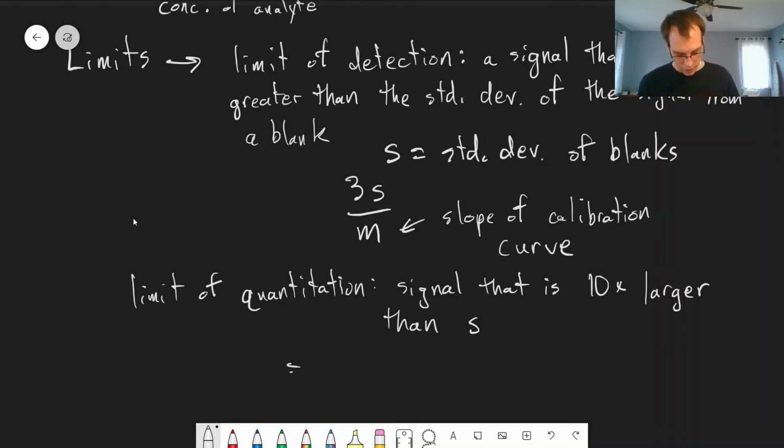So mathematically speaking, we take 10 times S divided by the slope, and that'll give us the limit of quantitation. This is the smallest amount that can be measured with any reasonable accuracy.